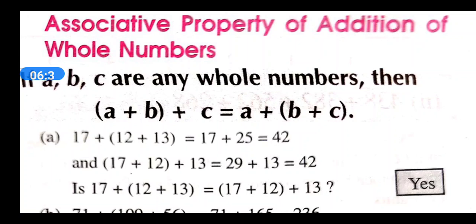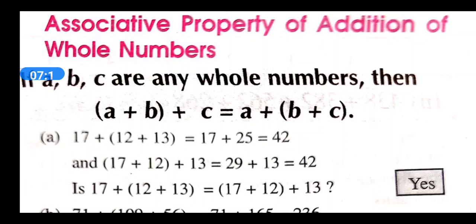Here are three whole numbers 17, 12 and 13, which you have to add in different ways by changing their groups. So in first group you will add 12 and 13, which will be equal to 25, and 25 will be added to 17, which will be equal to 42.